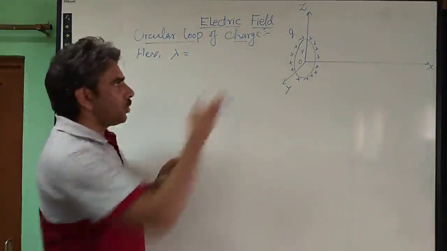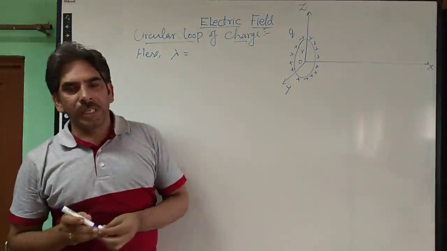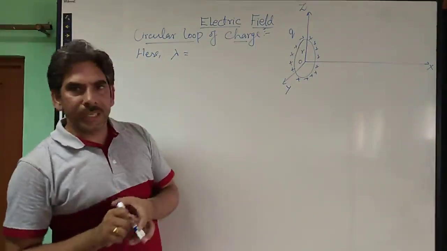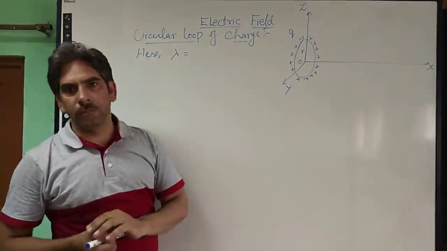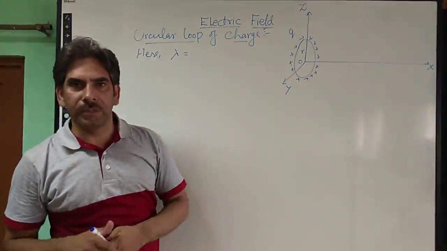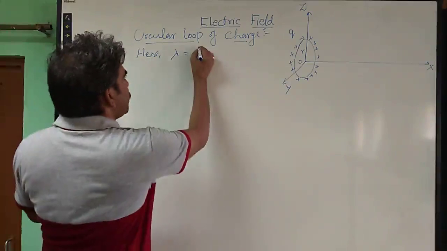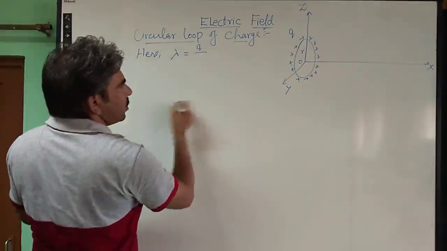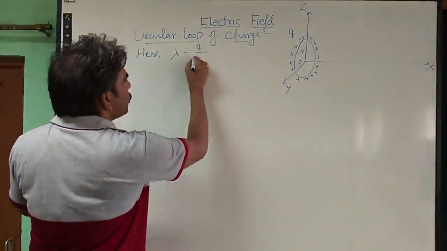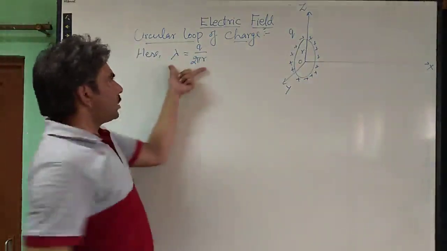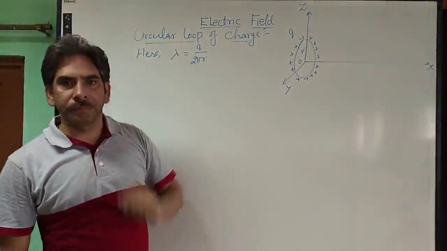What is the definition of linear charge density? It is simply defined as the charge over 1 unit length of the loop. So the total charge is q and the total length is, because the charge is distributed over the circumference, 2 pi r. So this is the linear charge density.